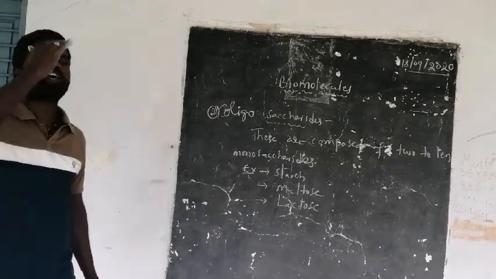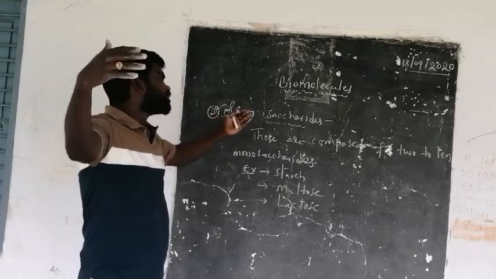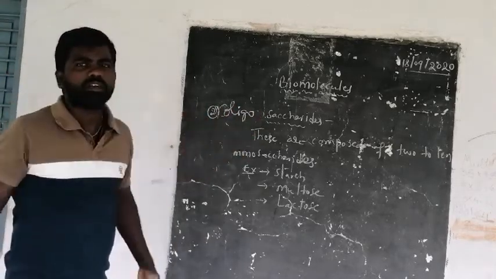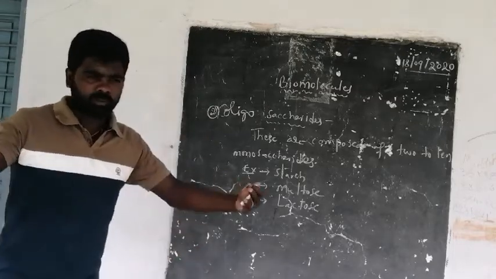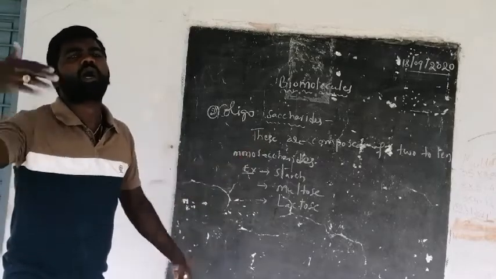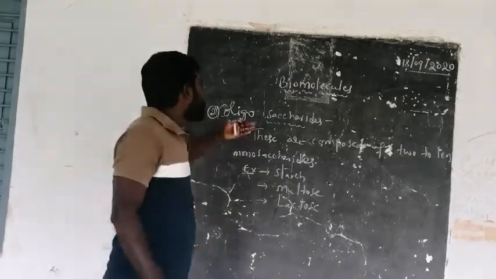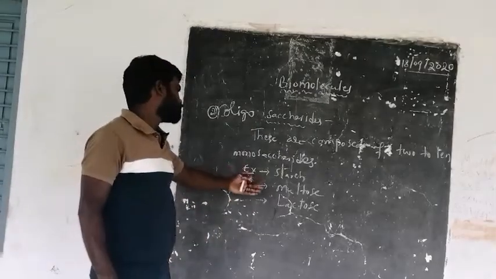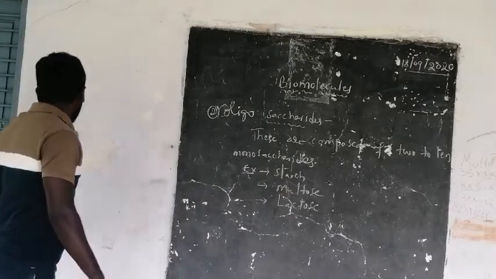Between 2 and 10, up to 10 only, monosaccharide molecules are joined together to form an oligosaccharide. There may be 2 monosaccharides, or 3, 4, 5, up to 10 monosaccharides joined together. These are called oligosaccharides.